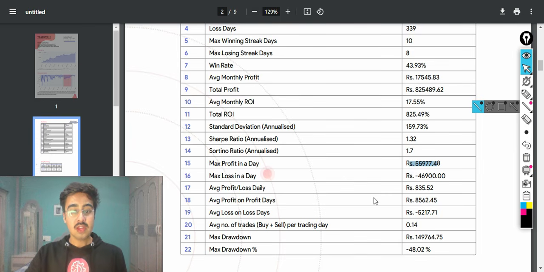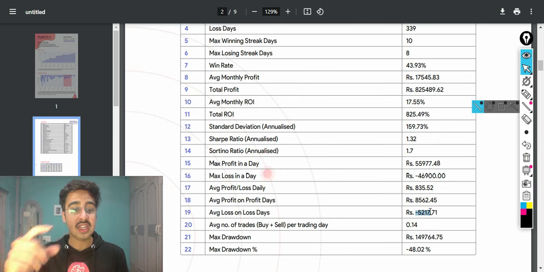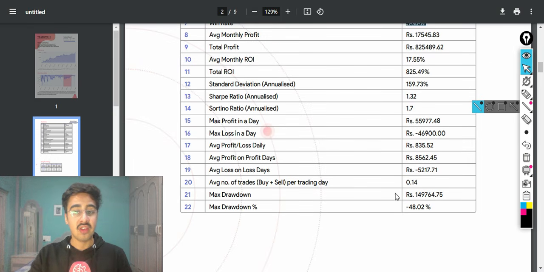Now, something very interesting out here is that the average profit on a profitable day is close to around 8,500, but on a loss-making day, the average loss would basically be close to 5,200. So this extra 3,000 that we are making based on this particular trading strategy is able to offset this low win rate that we have, which is why we are seeing an extra alpha.